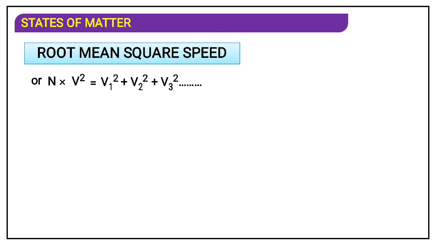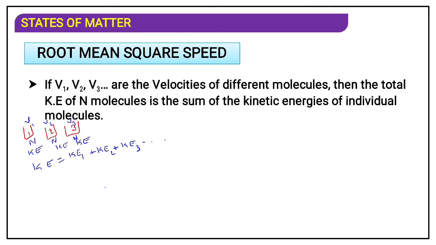After the definition, what is the statement of RMS velocity? If v1, v2, v3 are the velocities of different molecules, then the total kinetic energy of the n molecules is the sum of the kinetic energy of all the molecules.